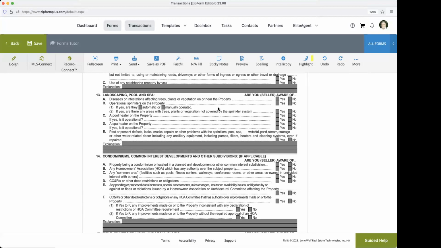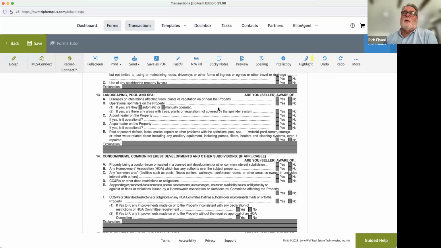Yes, let's say the seller completes the TDS and the SPQ, and they've been submitted to the buyer's agent and the buyer. And after the buyer goes through it, they have some questions, and the TDS and the SPQ need to be updated in some kind of way. What's the best way to do that? Through an addendum? You could do it through an addendum.